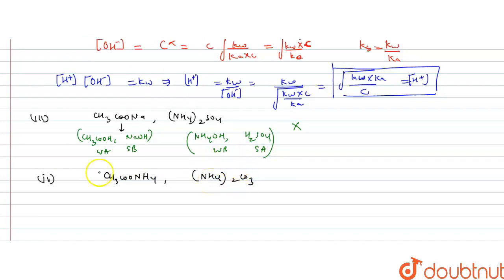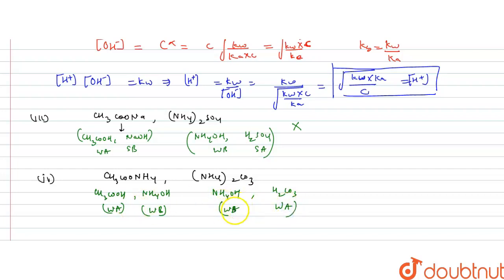The ammonium acetate is formed of acetic acid, that is a weak acid, and NH4OH, that is a weak base. So this salt is formed of weak acid and weak base, and the ammonium carbonate is formed of ammonium hydroxide, a weak base, and H2CO3, a weak acid.